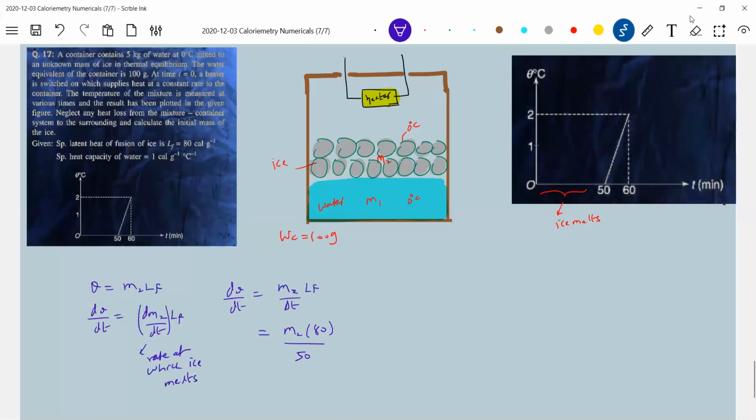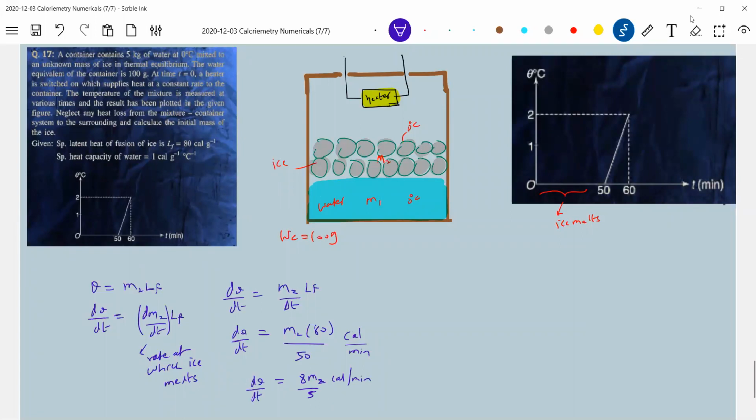The rate at which ice will melt should be equal to dQ by dt. What should be the unit? Calorie per minute, no? So 80 calories over 50 minutes, this will be 8 m2 by 5 calorie per minute.